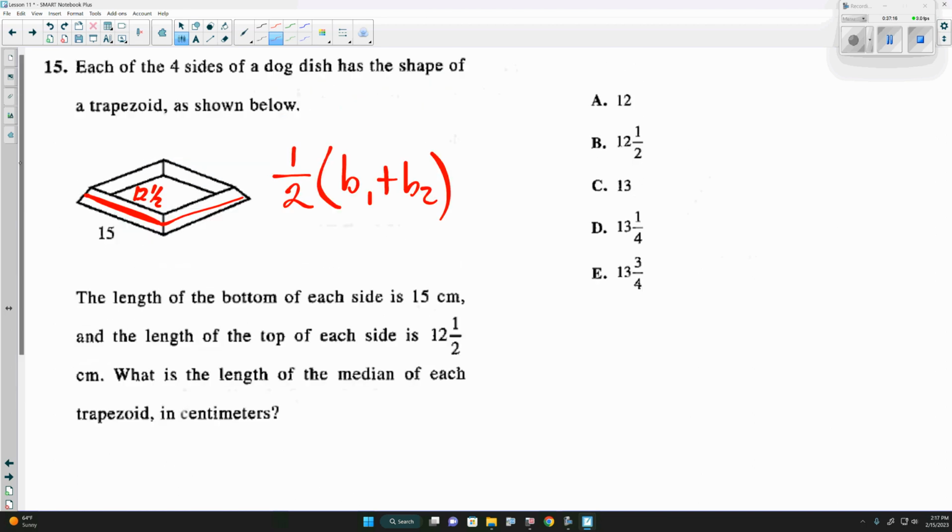Half of base 1 plus base 2. So we know for sure it's going to be in the exact middle of these two. So what do we know it's not going to be?